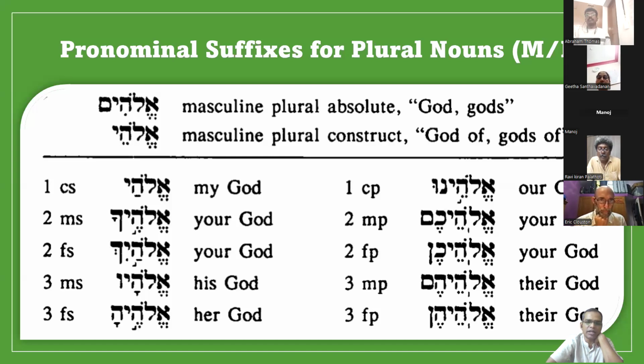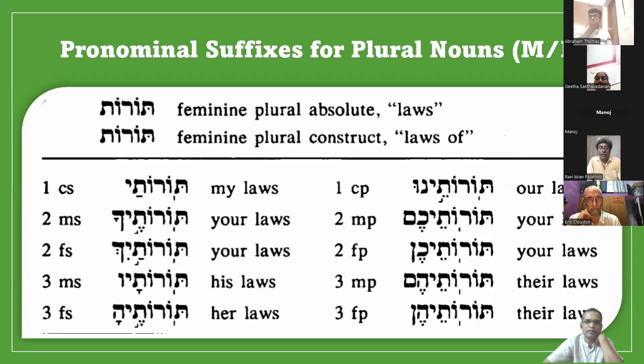Look at the meaning: my God, your God, his God, her God, our God, your God, their God. All right. Now let us look at an example from a feminine noun, Torot.